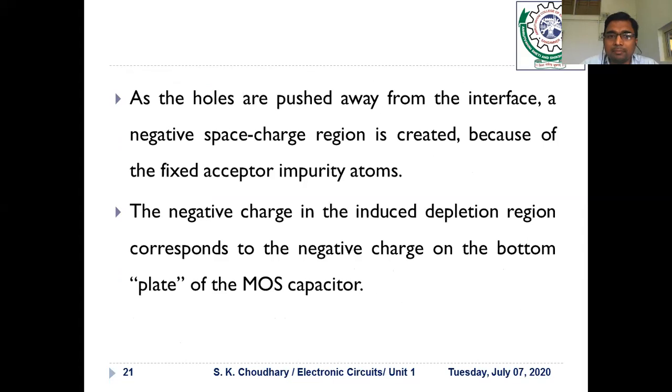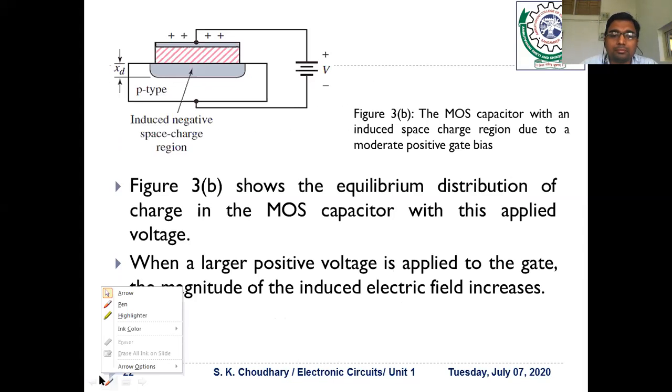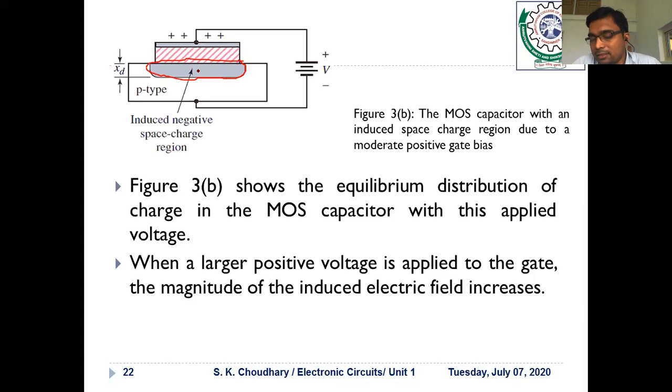Now you can see in this picture clearly what I want to say: in this particular area, at the oxide semiconductor interface, this negatively charged space charge region is called the depletion region.